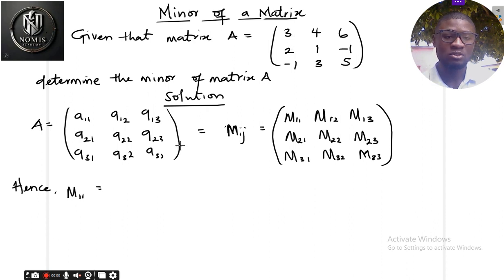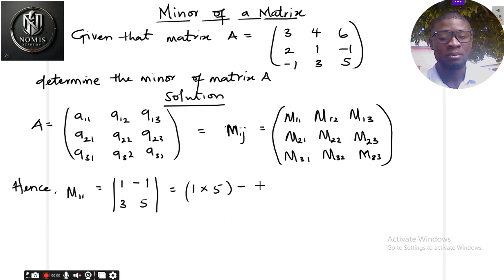So let's go back to the given matrix. This row is deleted, this column is deleted. What are we left with? We are left with 1, minus 1, 3, and 5. So this is 1 multiplied by 5 minus open bracket minus 1 multiplied by 3.